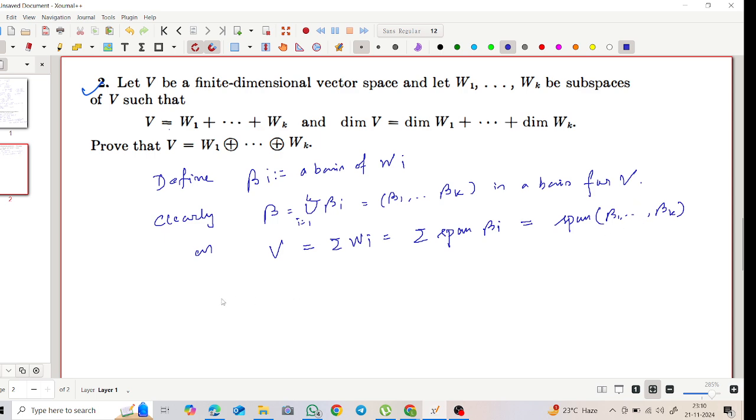This thing is clear, but dimension Wi is of course cardinality of beta i, that is true na, dimension Wi is cardinality of beta i.